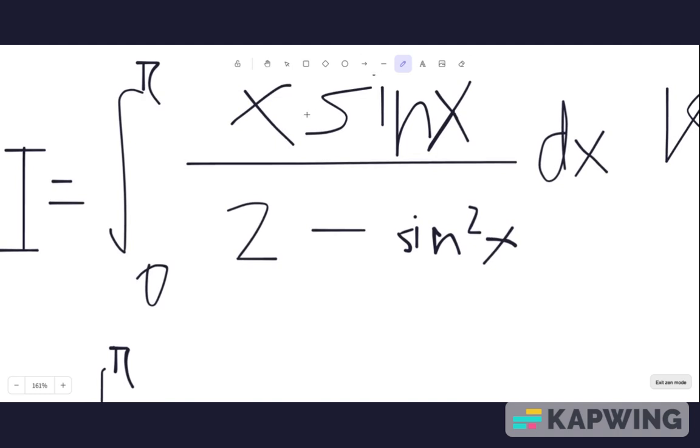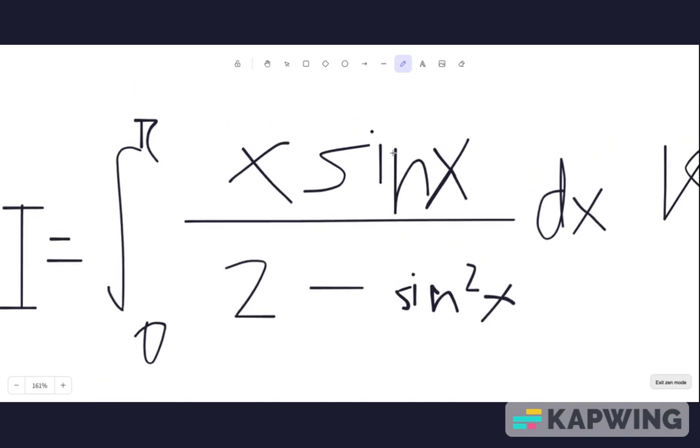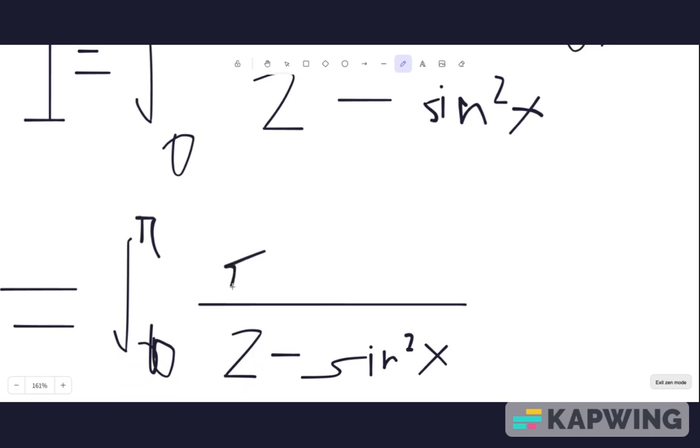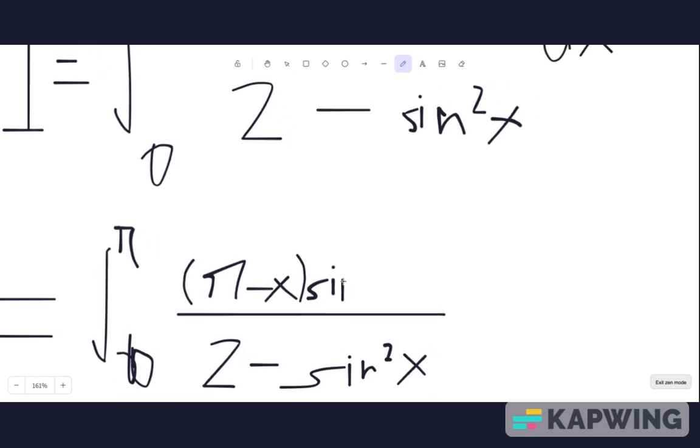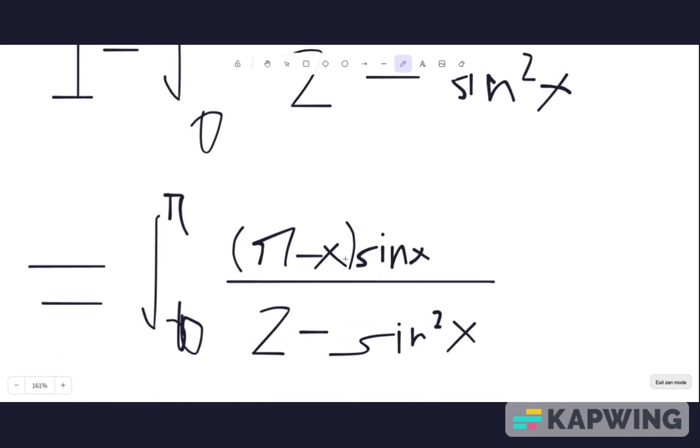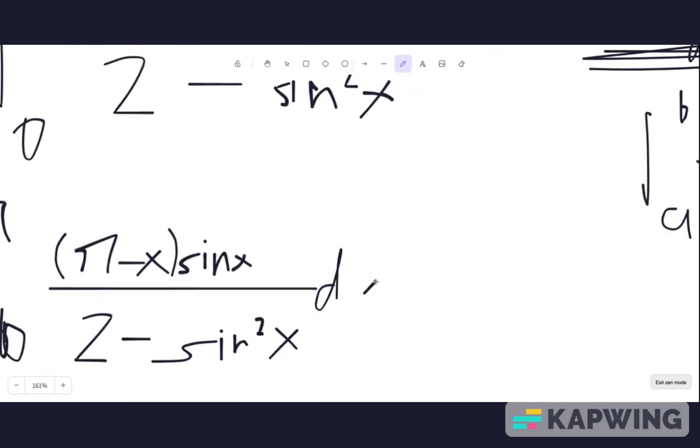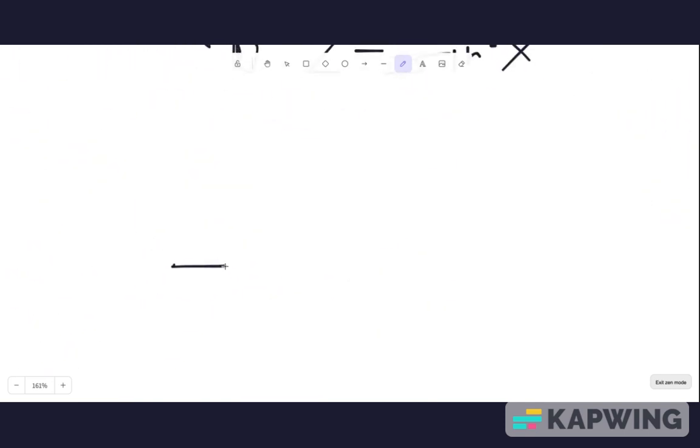But we have pi minus x here, and sine of pi minus x, which is sine of x. And this is going to really help us because the sine x terms stay the same, but not the x term.